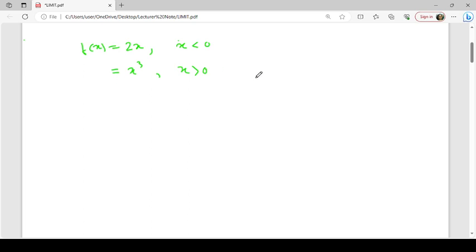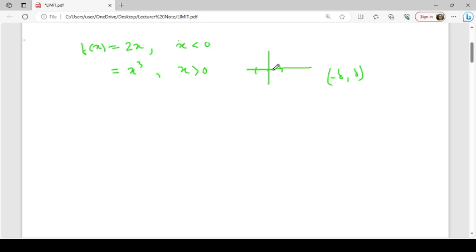When you talk about the graph, 0 is here, so this is the neighborhood. This is 0 plus delta, this is 0 minus delta. So the neighborhood is 0 minus delta, 0 plus delta.